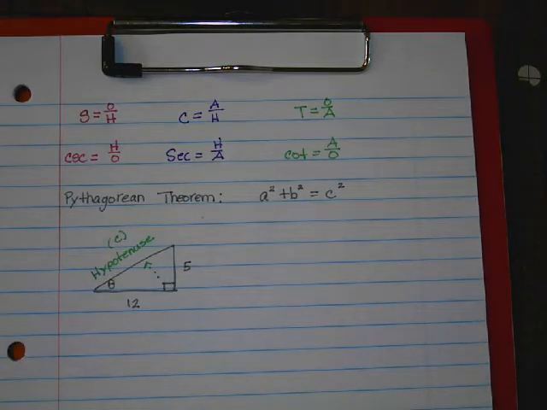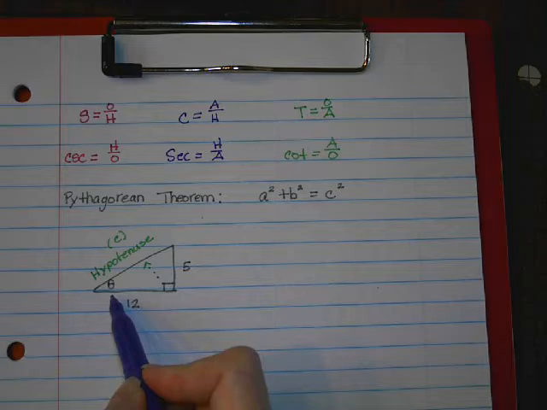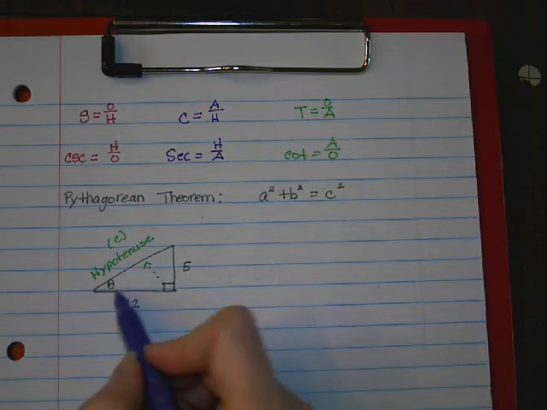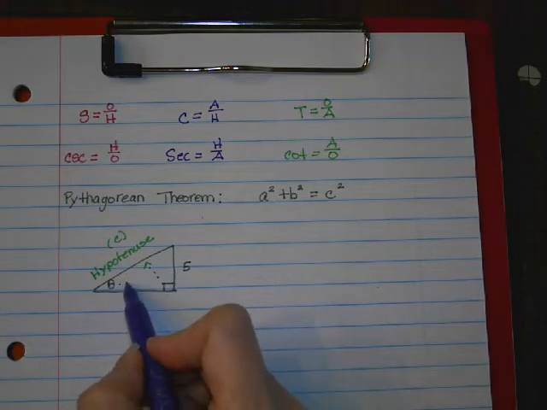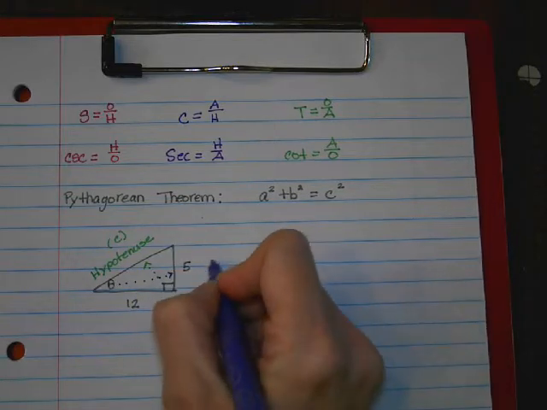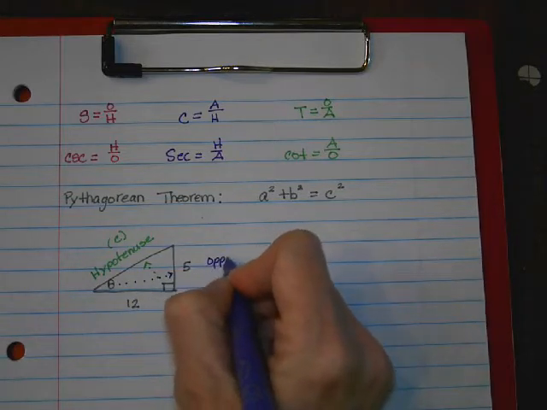All right? So when we want to find opposite leg or adjacent leg, it all depends upon where your theta is located. Because opposite of theta will be the opposite leg, and sitting right next to or adjacent to your theta will be your adjacent leg. So here is my theta. If I go directly across from my theta, I find the 5. This is my opposite leg.